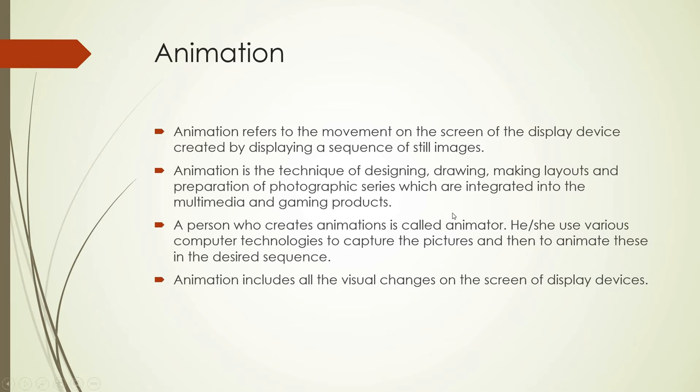Animation is a technique of designing, drawing, making layouts and preparation of photographic series which are integrated into multimedia and gaming products. A person who creates animation is called an animator. He or she uses various computer technology to capture the pictures and then to animate them in the desired sequence. Animation includes all visual changes on the screen of a display device.